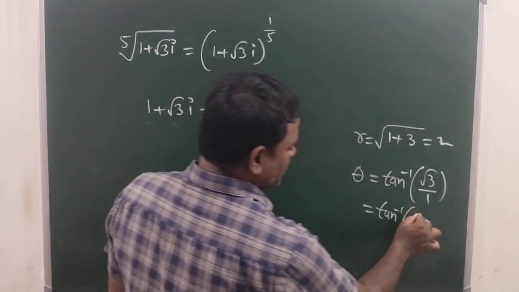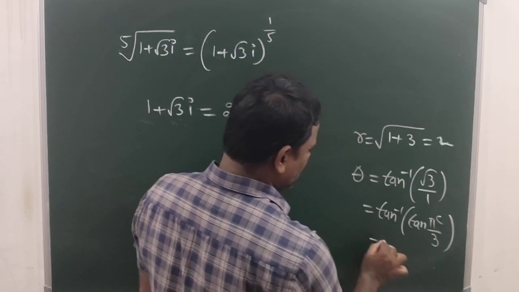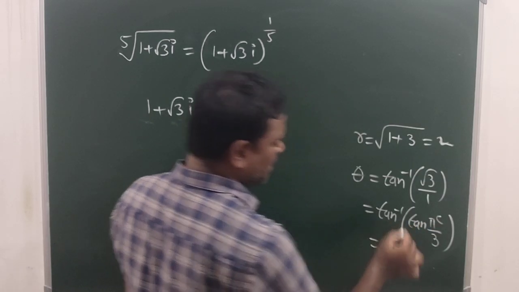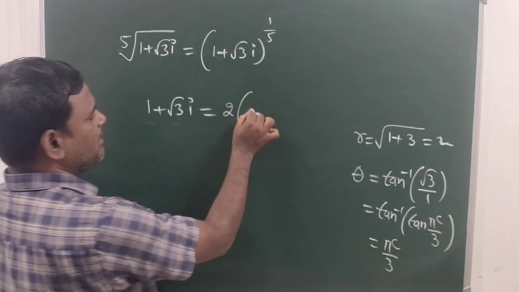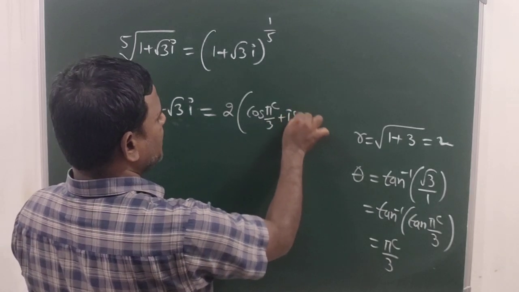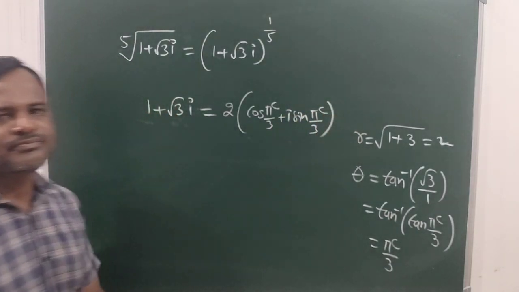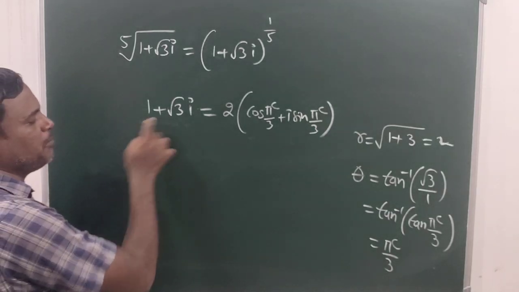Tan 60 degrees, pi radians by 3, which becomes pi radians by 3 is the principal argument. Now write cos of pi radians by 3 plus i sin pi radians by 3. So this is the polar form of this complex number.